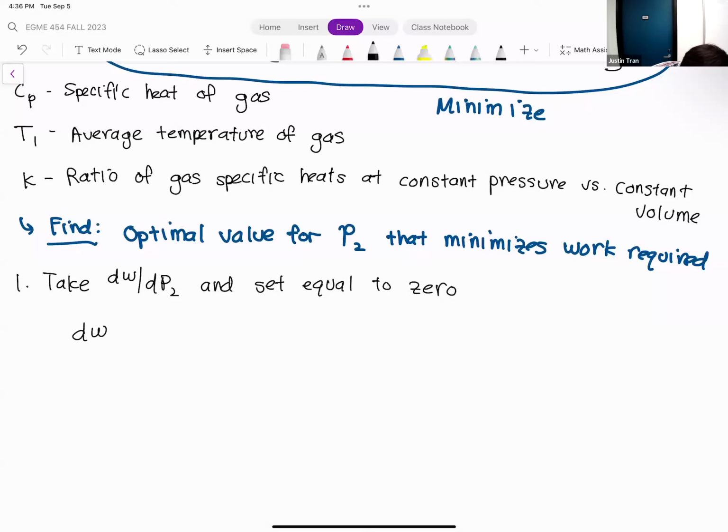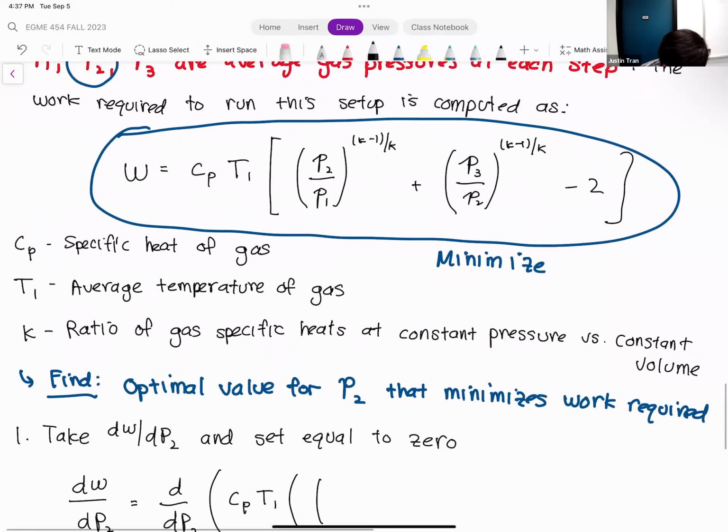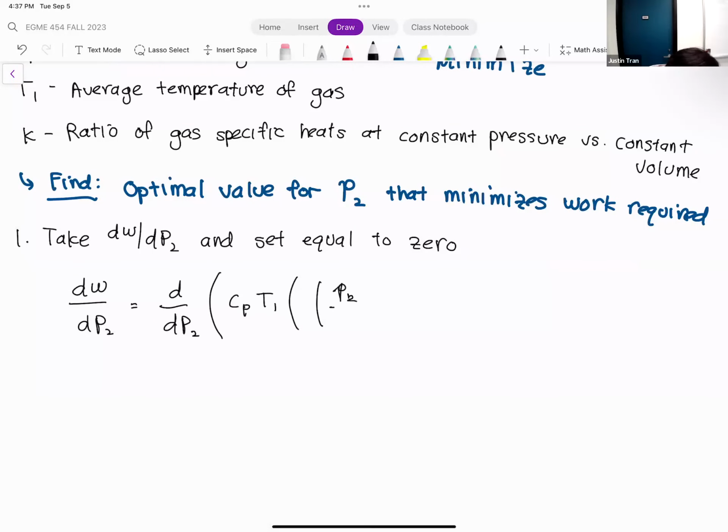So we have dw/dP2. And so let me write it like this first, because the derivative is going to be a little bit complicated to do. So I'm going to say d/dP2 of Cp T1 multiplied by the ratio P2 over P1 raised to the (k minus 1)/k power, plus P3 over P2 raised to the same exponent, (k minus 1) divided by k.